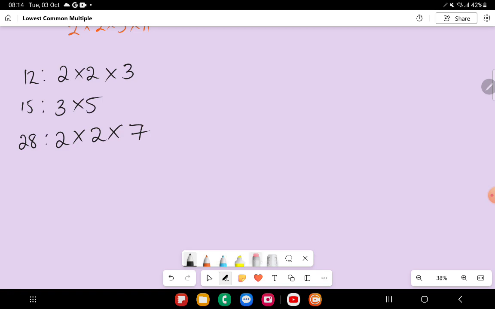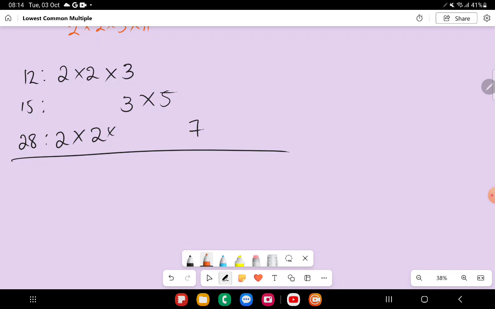Hold on, I did something wrong. Did you see? So let me move everything. This 3 times 5, I'm actually going to write here. And the 7, I'm going to move up to be over there. So everything must line up.